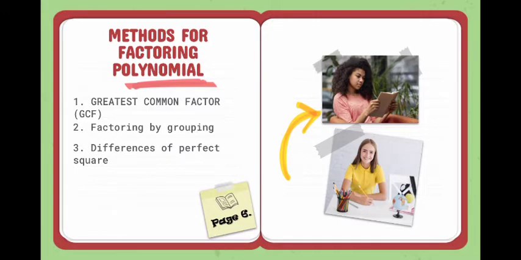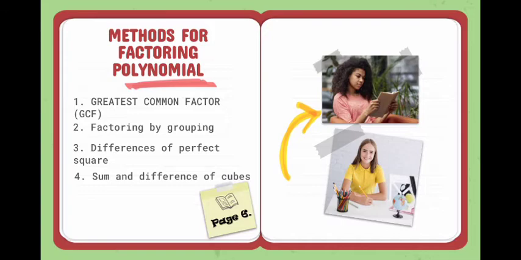The third is the difference of perfect squares. The difference of two squares is a squared number subtracted from another squared number. The fourth one is the sum and the difference of cubes.